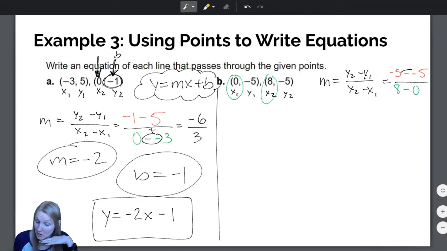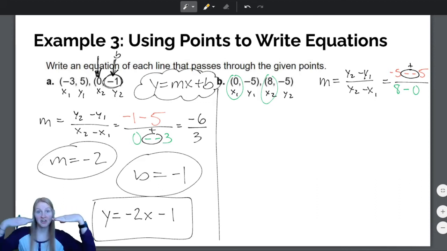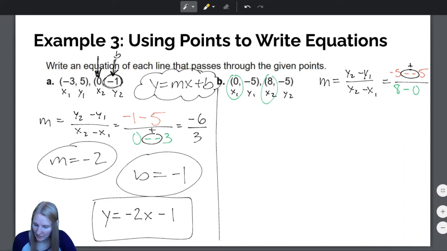-5 plus 5, because remember, minus a negative makes a positive. So we have -5 plus 5. Oh, that's 0. Divided by 8 minus 0 is 8. Okay. And what is 0 divided by 8? 0.